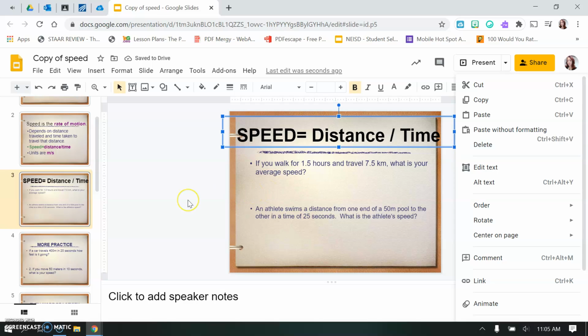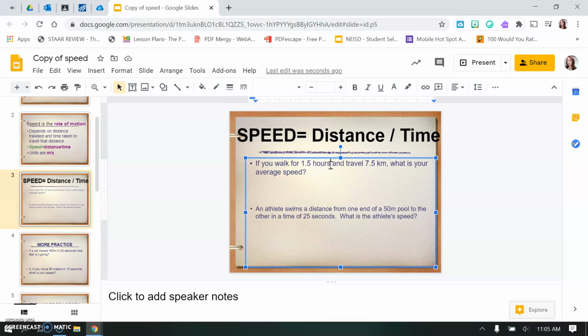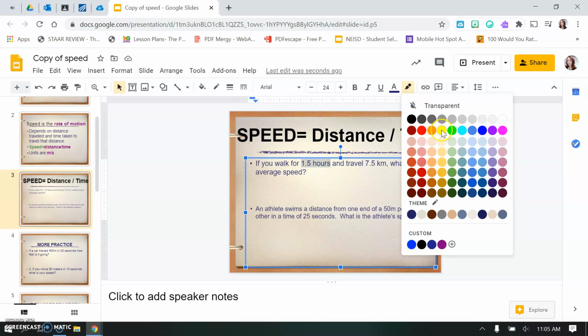Now, when you have a problem, it will give you the distance and the time. So you need to know the units for distance and time so you know what you're looking for. So it says if you walk for 1.5 hours. So hours is a unit of time. So we could highlight this. This is time. So I'm going to highlight my times yellow.